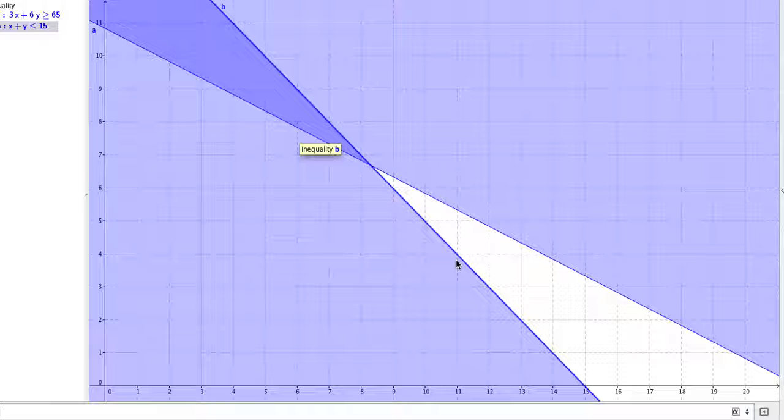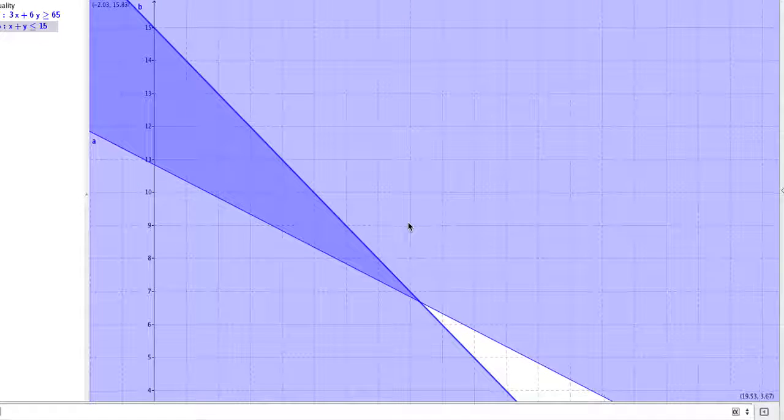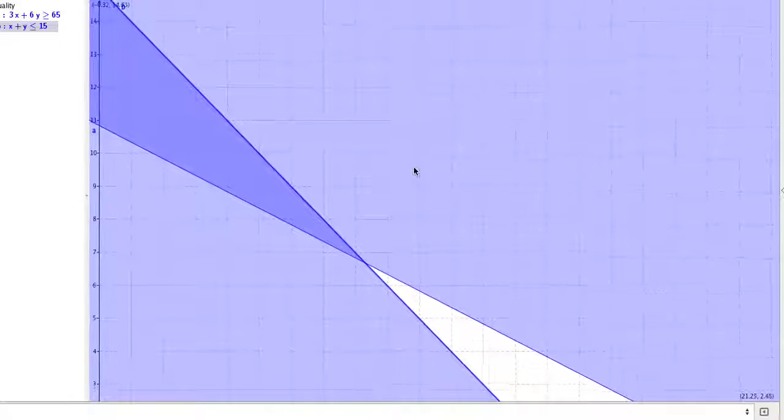Where the graphs intersect will be the solution. In this case, this is where it intersects, right here, the dark blue shade. If you notice, all the points inside this shaded region, we're only talking about the first quadrant because x and y cannot be negative.